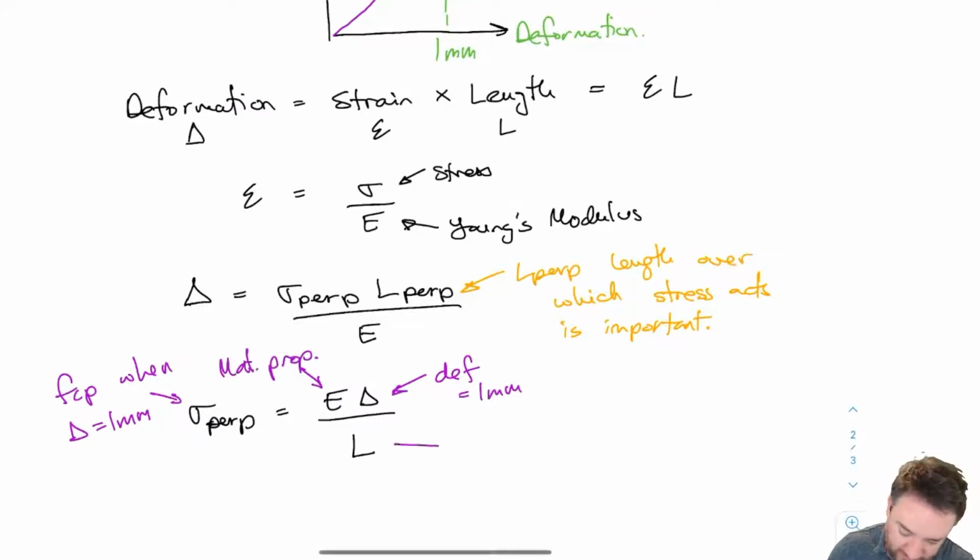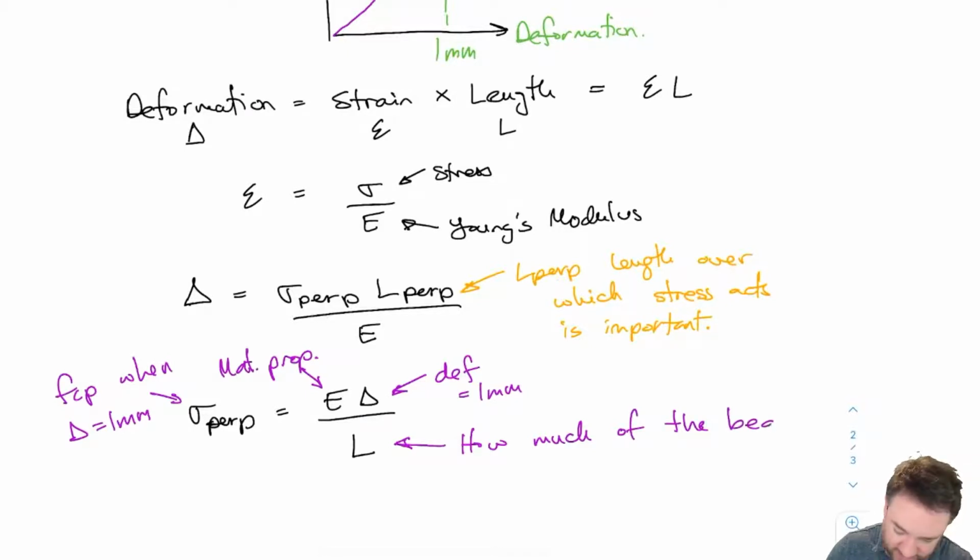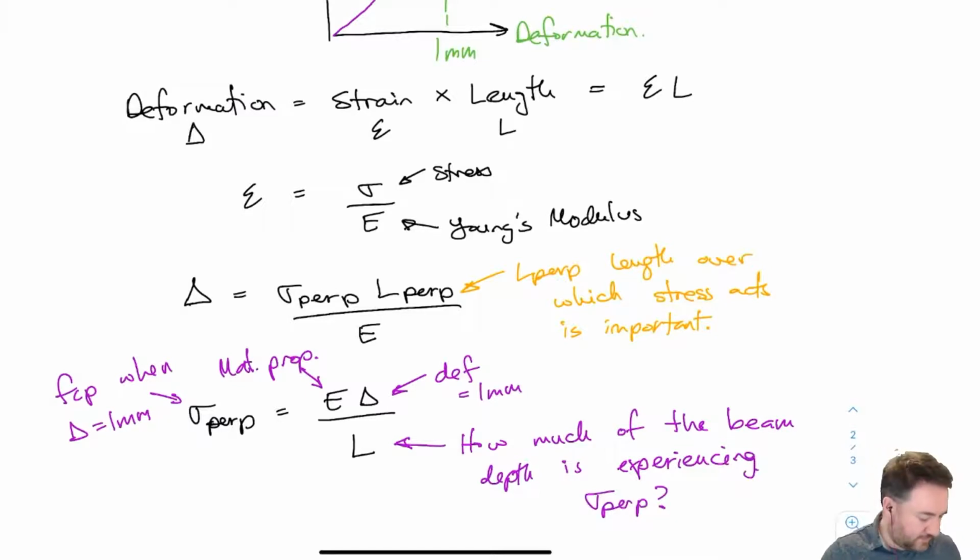And so we then need to know how much of the beam depth is actually experiencing that perpendicular to grain stress. Okay, well, it turns out that this depends very much on how exactly the beam is being loaded and where the loads are starting and where they're going.